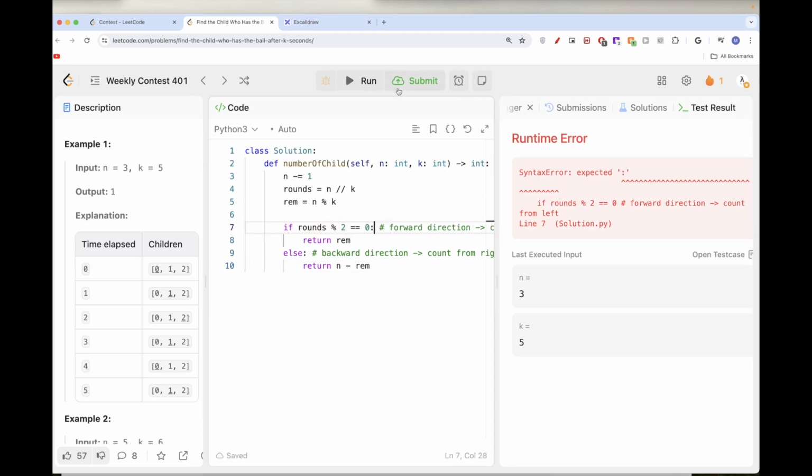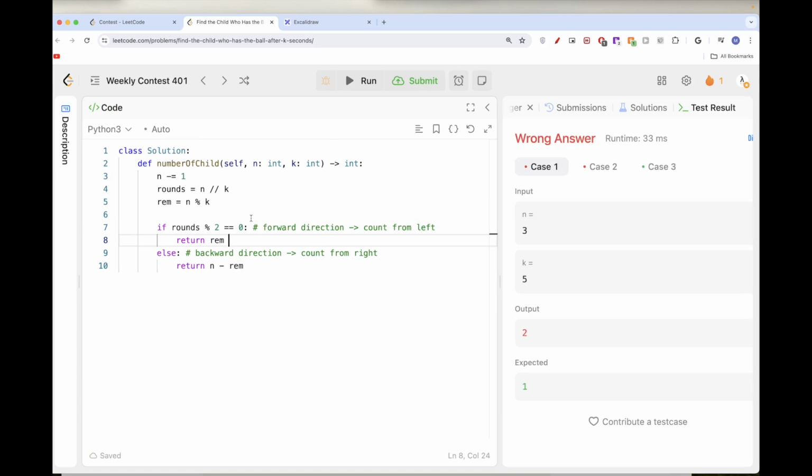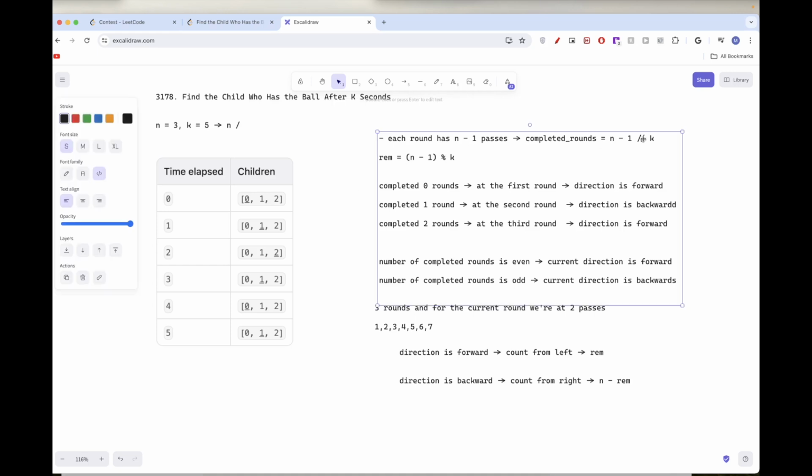Except here we need to do that, run this, and sorry, this should be k modulo n, and the number of rounds here, sorry, I made a mistake. This should be the number of seconds divided by n-1, right? Because that's what's going to give us the number of rounds. Because let's say if k is smaller, then we'll have 0 rounds, so this makes sense.